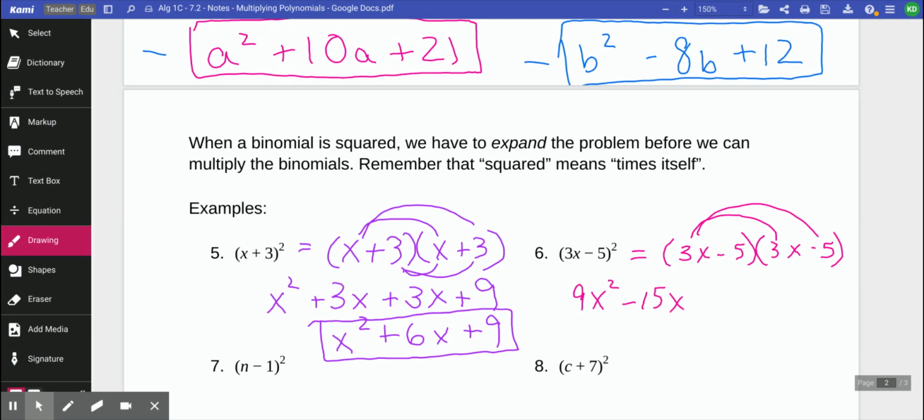And then we're going to have another one of those. So negative 5 times 3x is also negative 15x. And then negative 5 times negative 5, watch your signs, this is going to be positive 25. Combine your middle terms, so we're going to get 9x squared minus 30x plus 25.